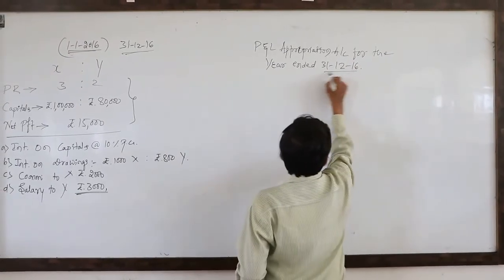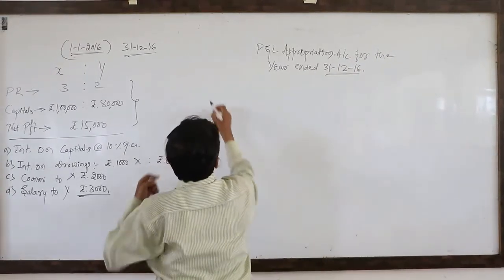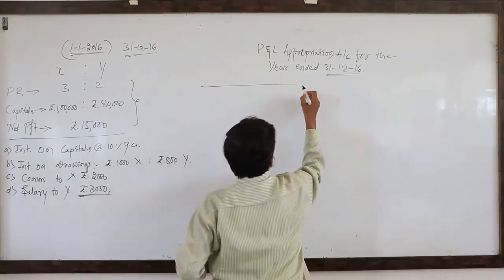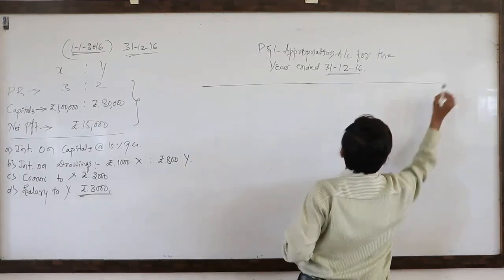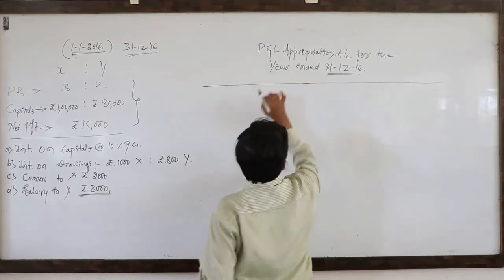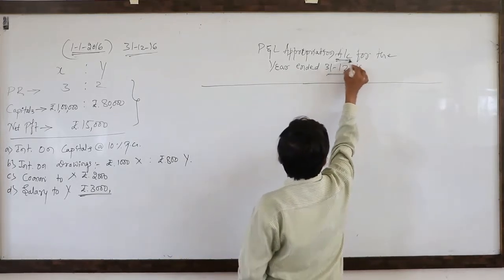This is the financial year ending. So here we need to draw the table for the account, the profit and loss appropriation account.